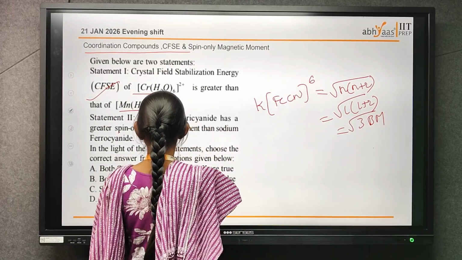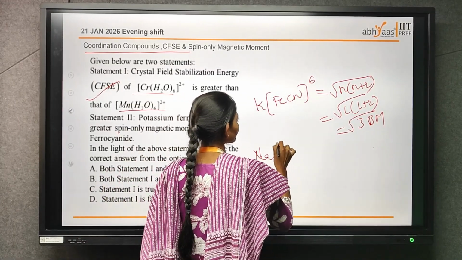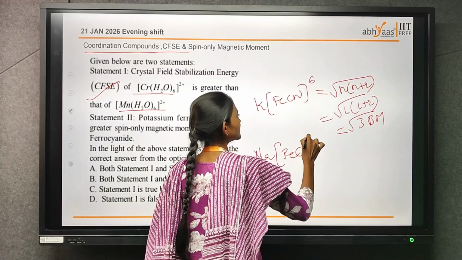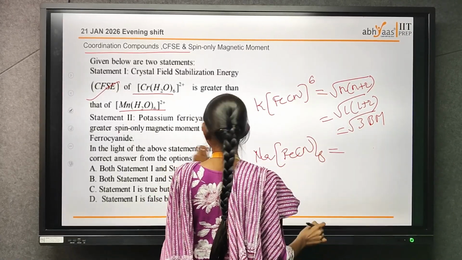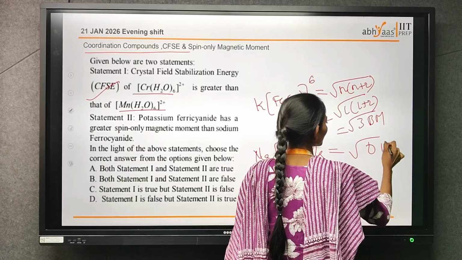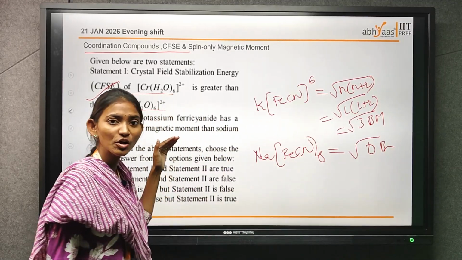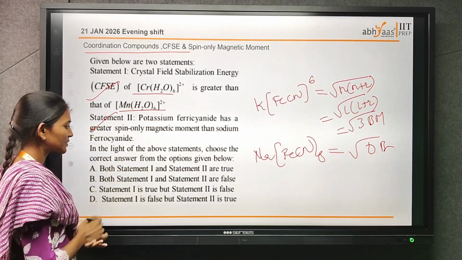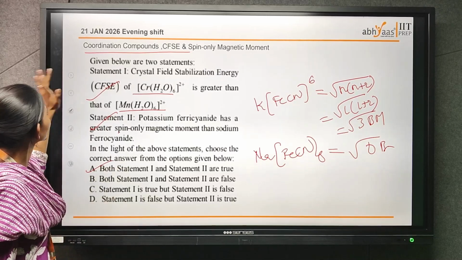Right? So, coming to sodium, we are having [Fe(CN)6]. How much do we have here? Completely 0. So, the second statement will also be correct. So, both statements will be correct. Moving on to the next question.